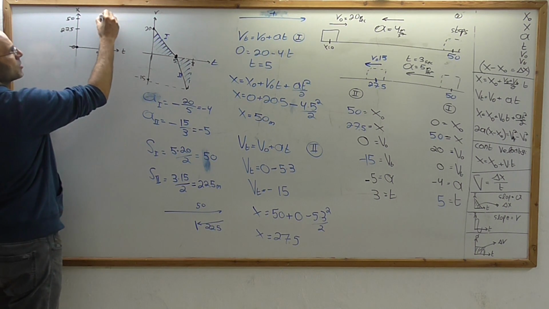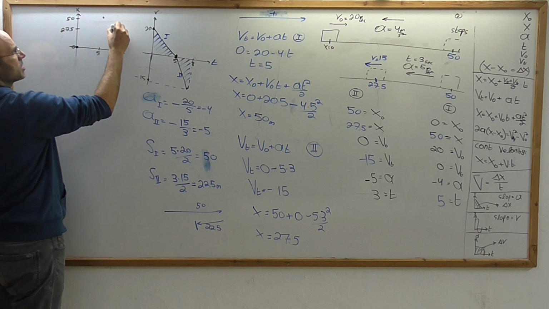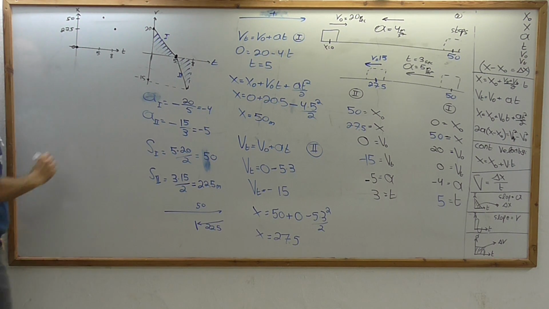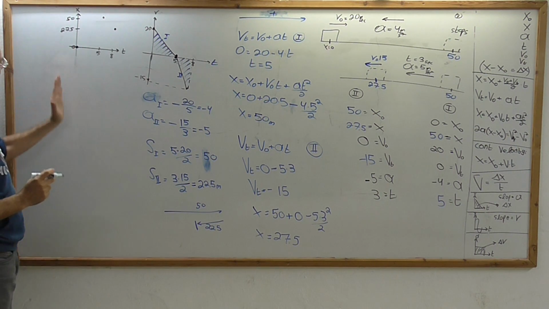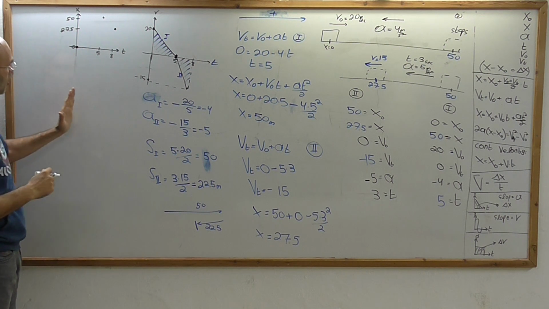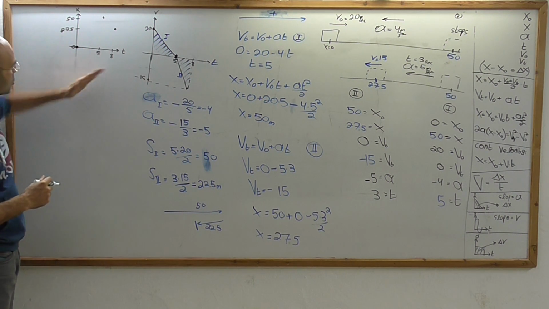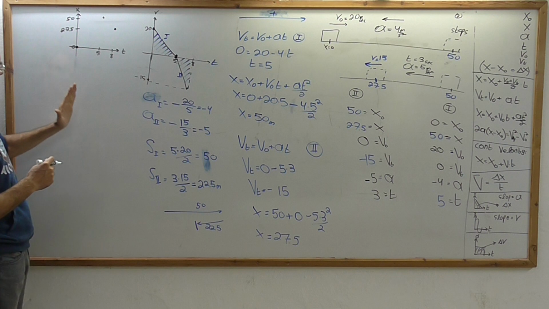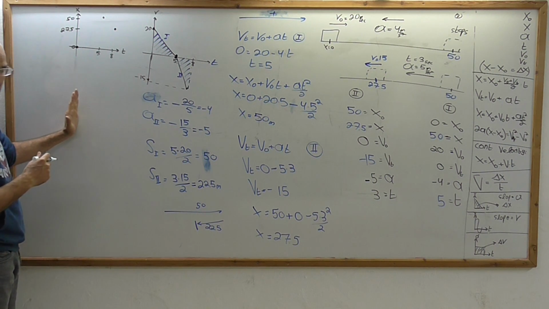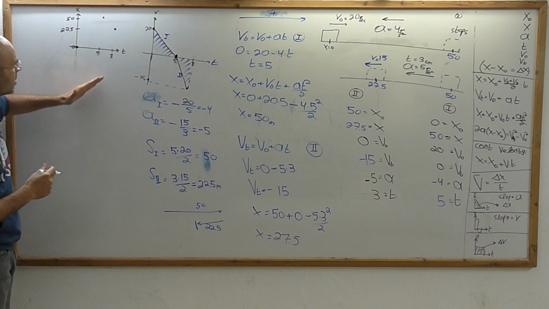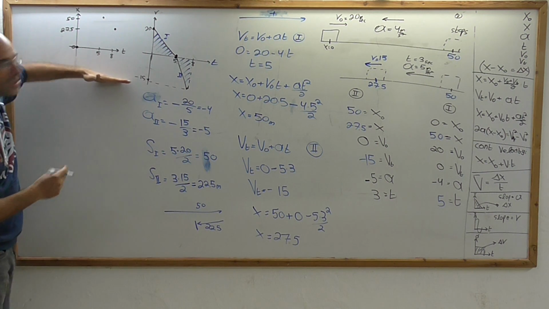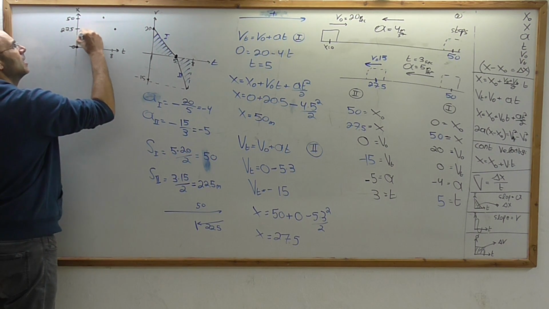When time was 5, it was 50. When time was 8, it was there. So what will happen to this graph? In the first part, we had a slope that decreases, so it will be like that. The initial slope was 20, 19, 18, until 0 when it stopped. So the graph will be like that.